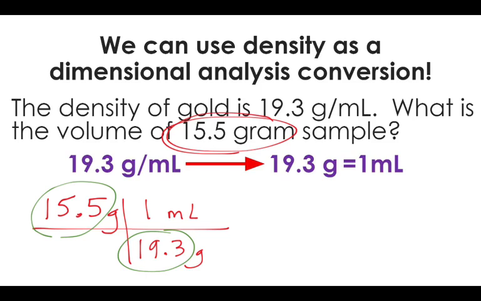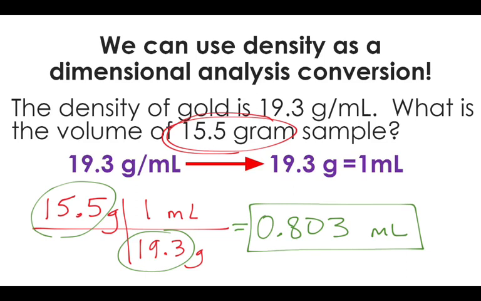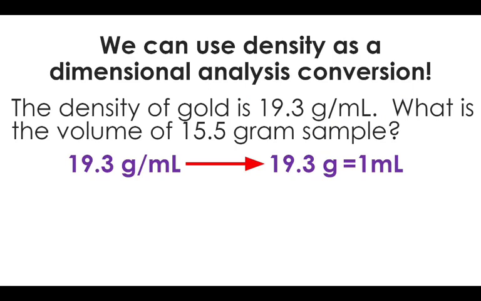So once again, my answer ends up being 0.803 milliliters. Exactly the same as before. It does not matter to me which way you work these problems, but it's really only when you're given a density that you can use this for dimensional analysis. If you're asked for density, just do mass divided by volume.